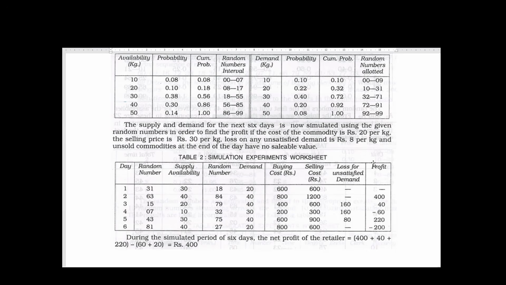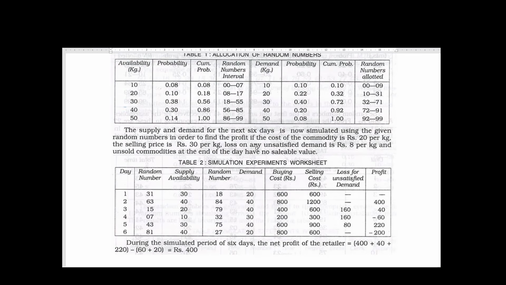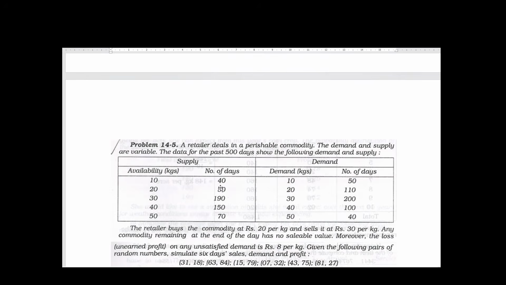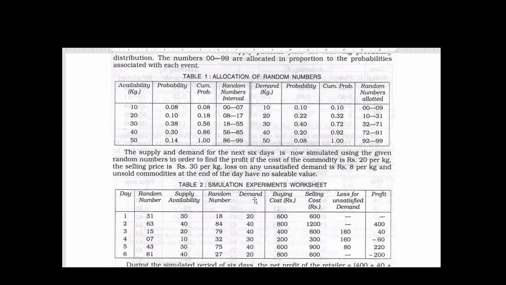So when you do all this, you will get the cumulative profit of 400 rupees at the end of 6 days. So you can expect such type of problems in your upcoming exams. So this is a simulation and related problems. Thank you.